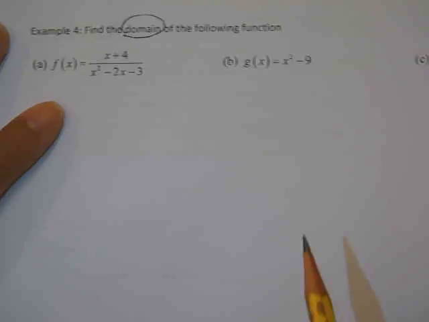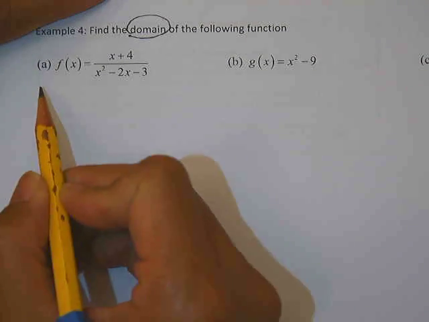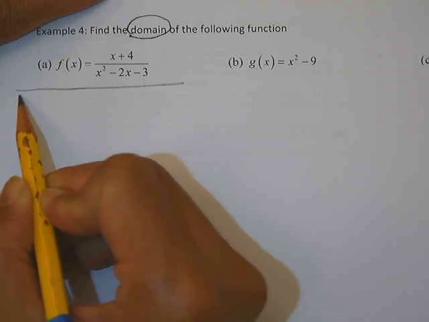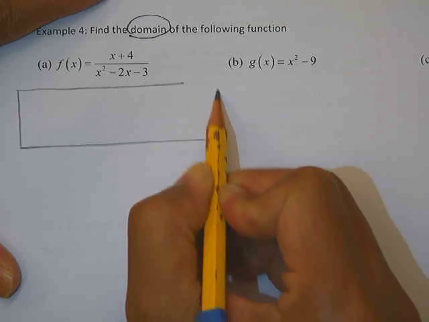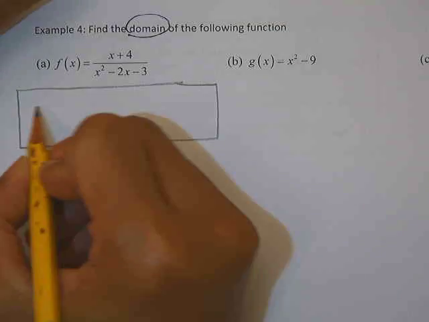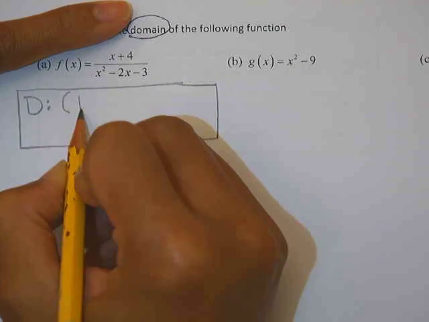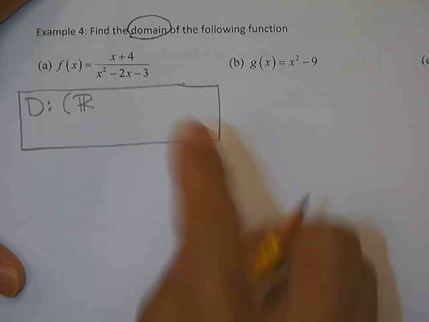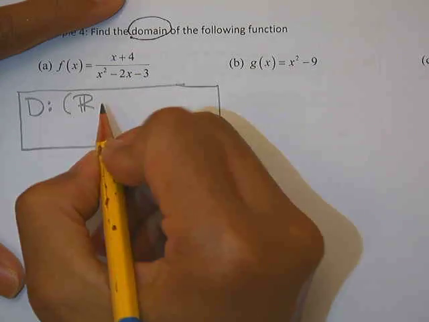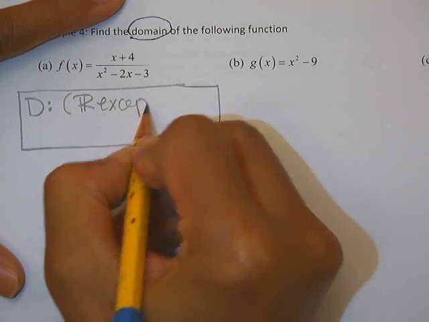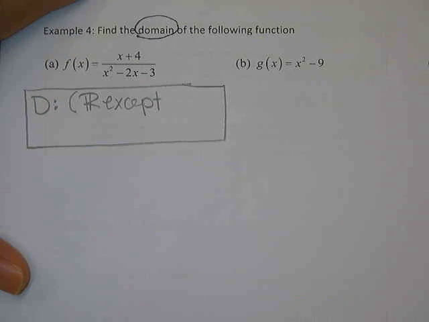What we're going to do now is start with our answer box first. We're going to say this is the domain: all real numbers. But because there is a denominator, we're going to say except, and then find out what we need to exclude.